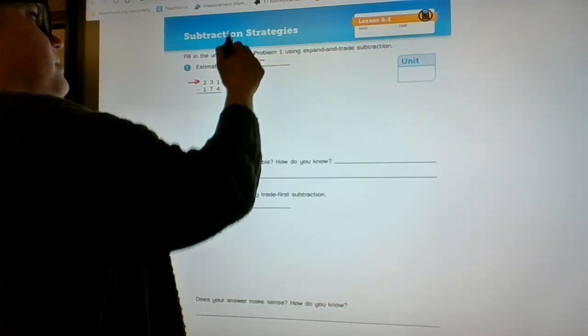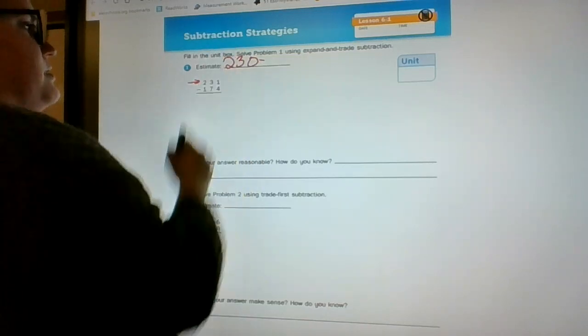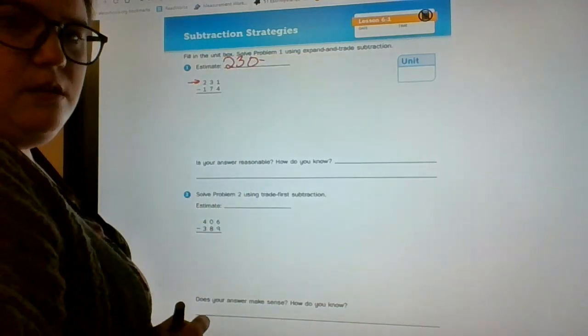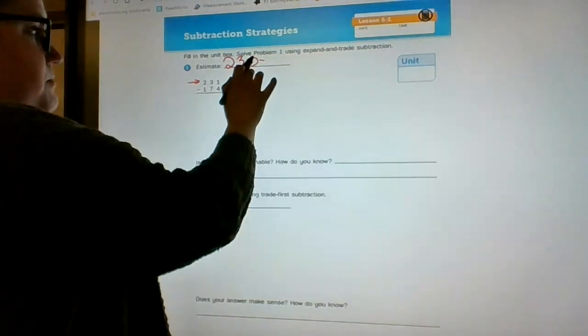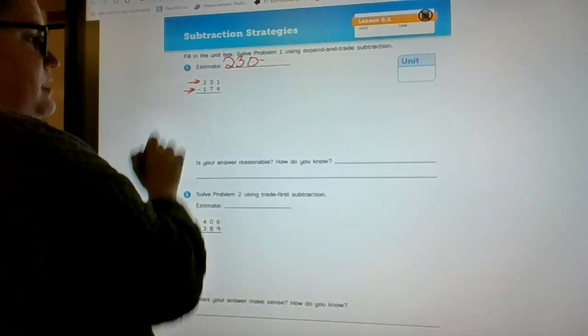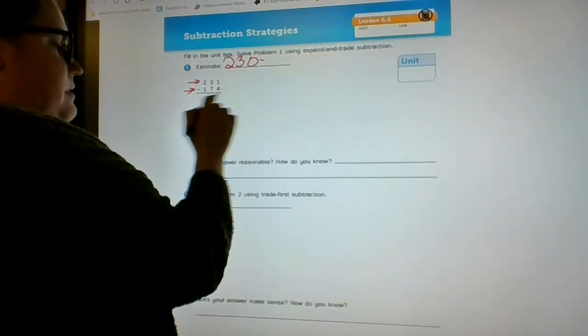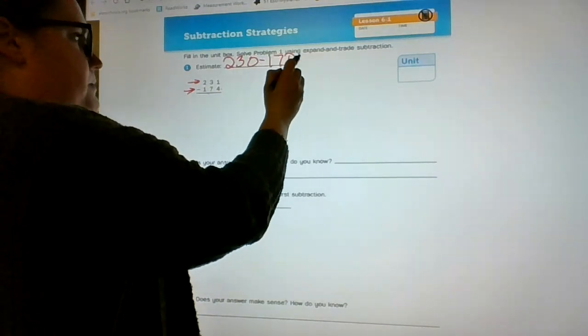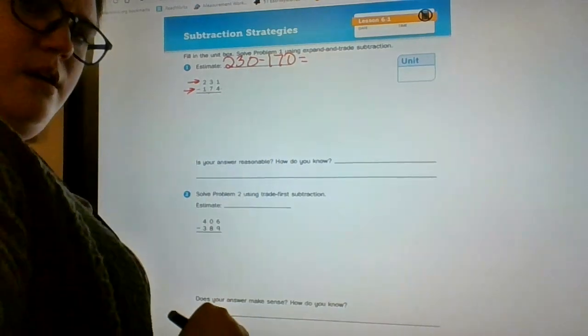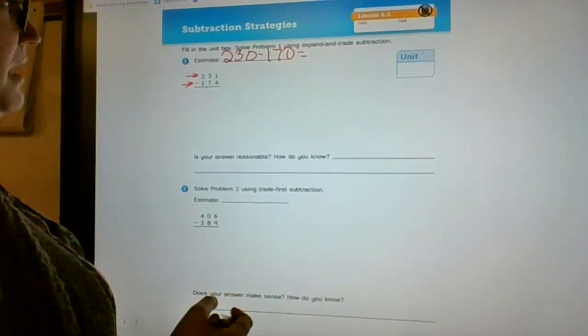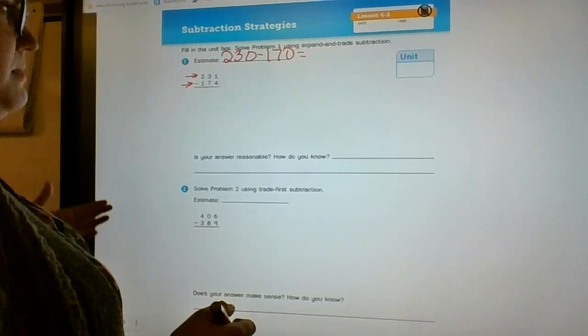Let's try it. We're pretty smart mathematicians. Let's round this to the nearest 10, which would be 230. And then obviously it's subtraction. And then the next number is 174. So it ends in a 4. That means we're going to keep the 7 the way it is. So minus 170. Now, originally when I was going back and forth about what we were going to round to, I thought this might be hard.